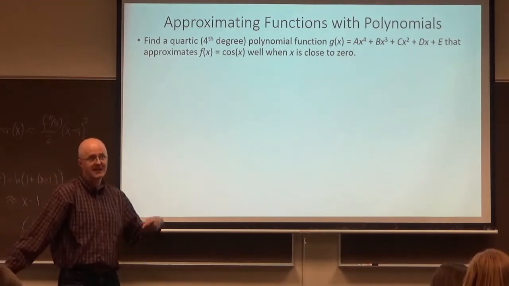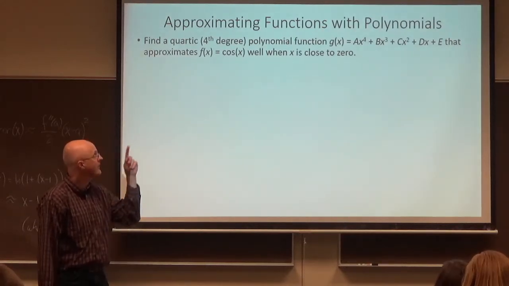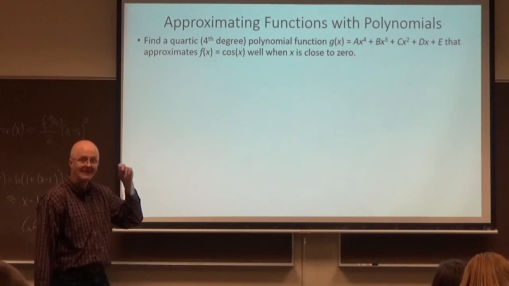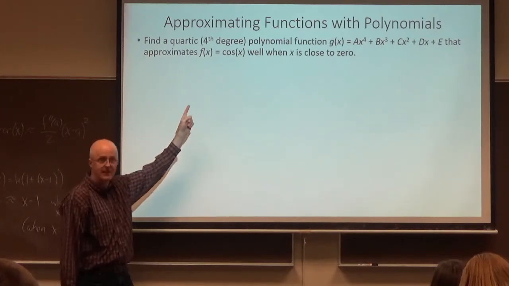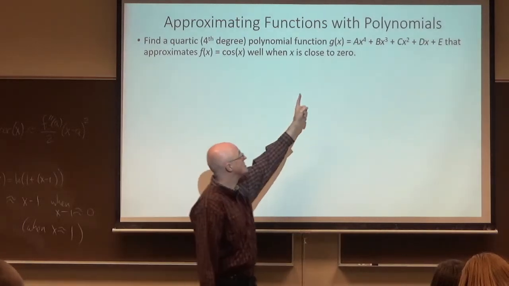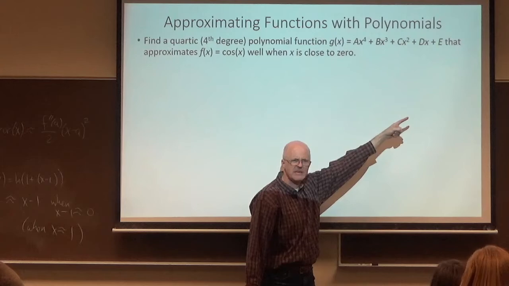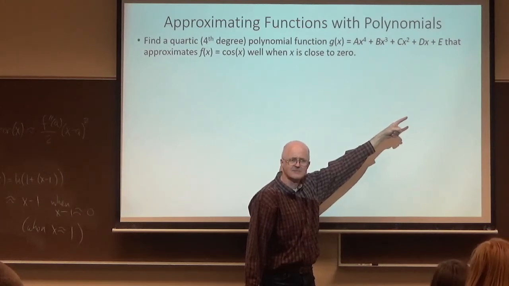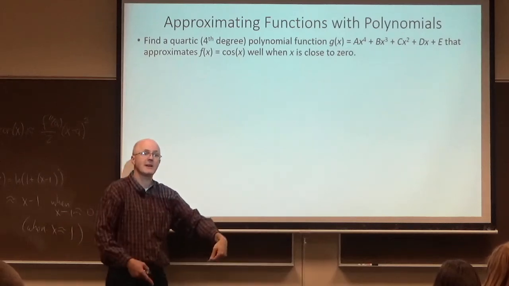A better strategy that ends up being more efficient is to try to match up the function values f and g at 0. In other words, since cosine of 0 is 1, and g of 0 is capital E, E better be 1. But don't just match up the function values, match up the derivative values.